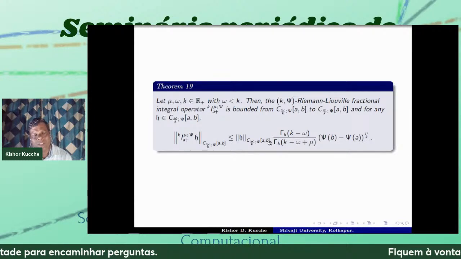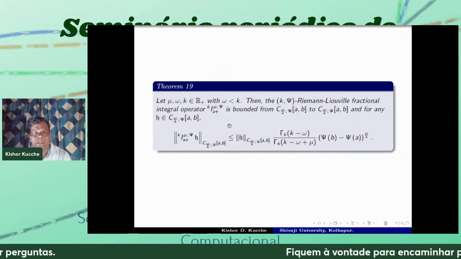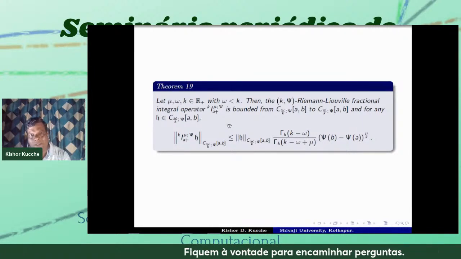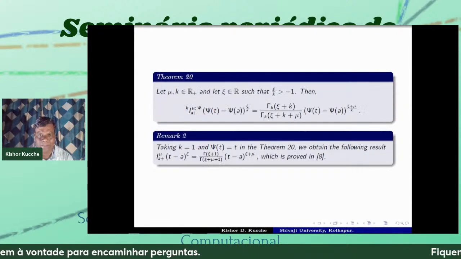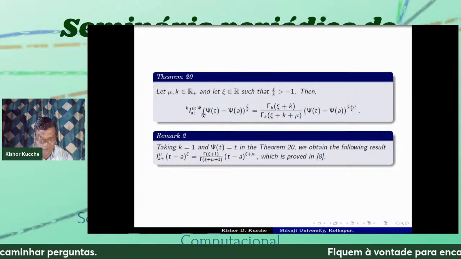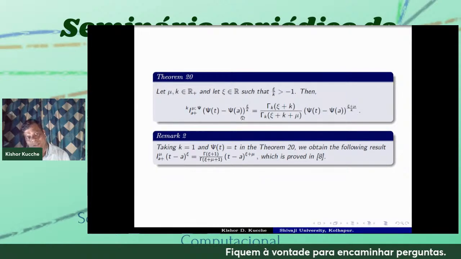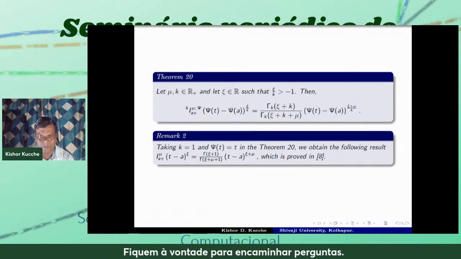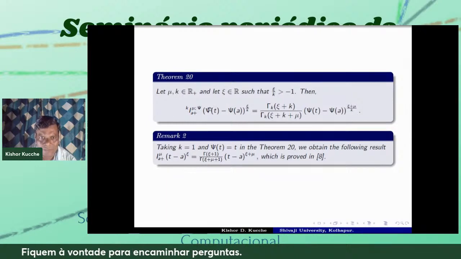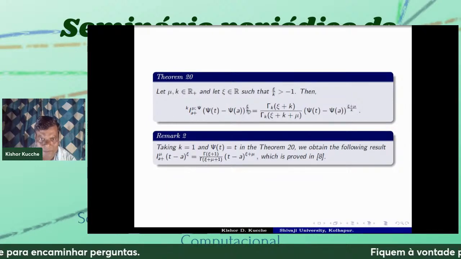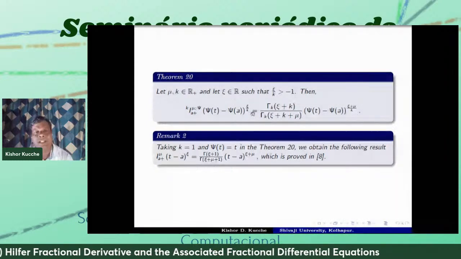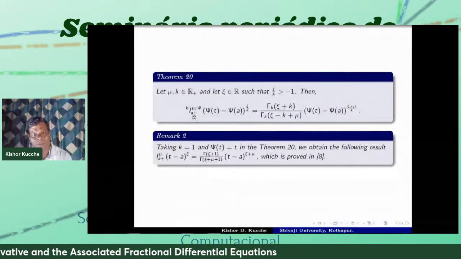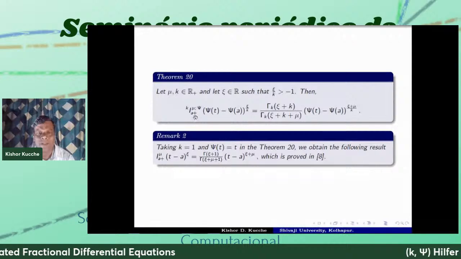These are all properties we have used to prove the equivalent fractional integral equation to the fractional differential equation involving the K-Psi Hilfer fractional derivative. Again, on the similar line of Article 7 of Souza and Oliveira, we have given the formula for the fractional integral of the power function, which is a generalization of the fractional integral of the power function. When we take k equal to 1, we again arrive at the case of the psi Riemann-Liouville fractional integral of the power function.